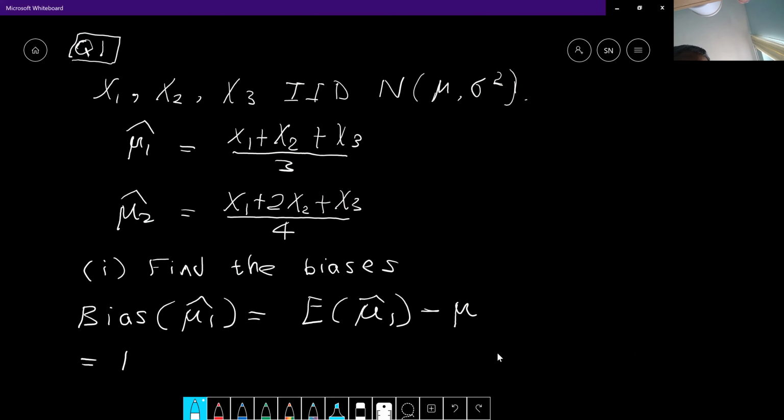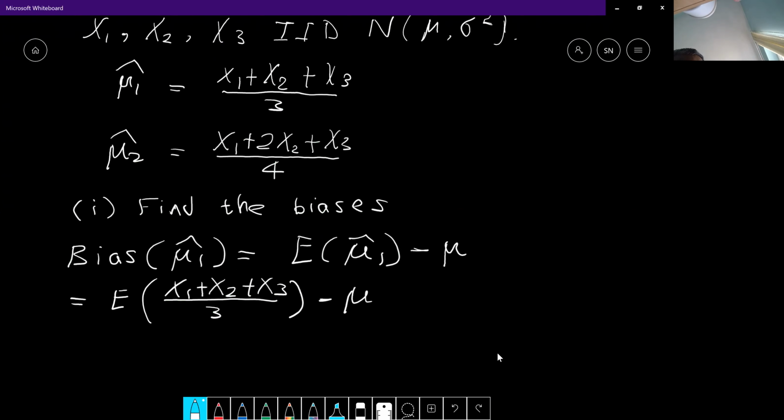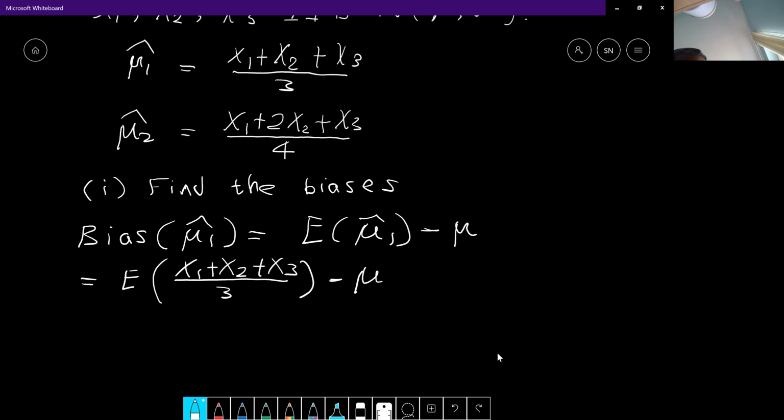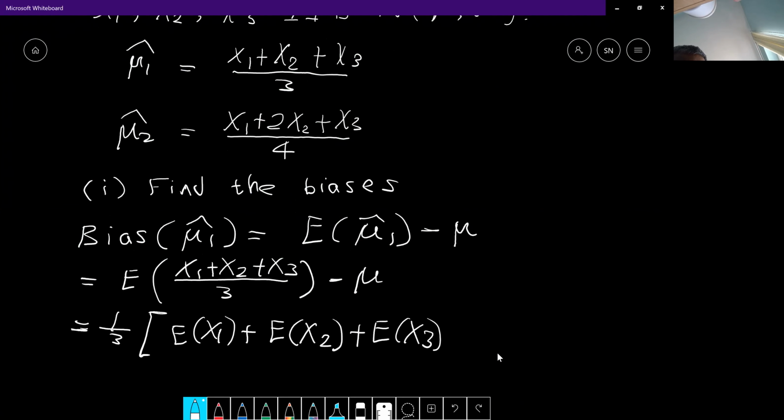So this becomes the expectation of the estimator minus mu, and taking the expectation inside, you get this.